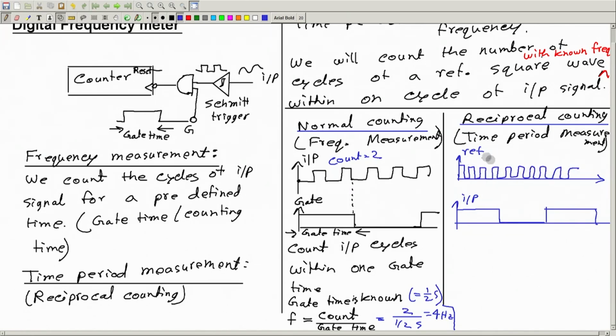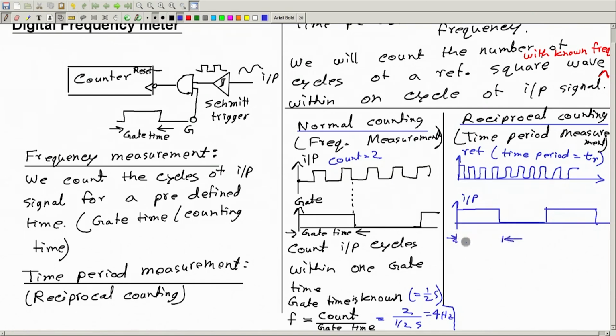Okay. Say its frequency is known, or its time period is known. So, say time period is equal to T r, r for reference. So, this reference signal has a time period of T r, and we will count the number of these cycles within, say, this time.